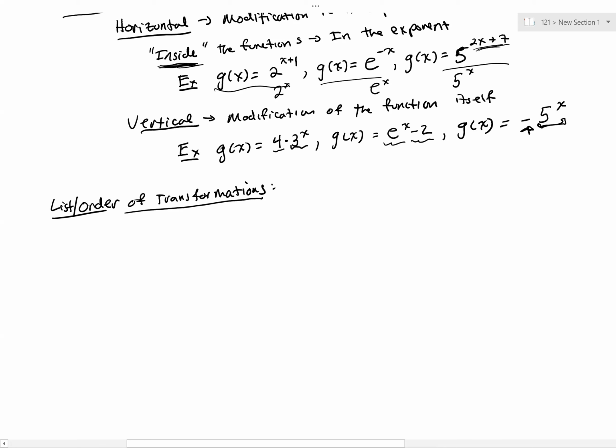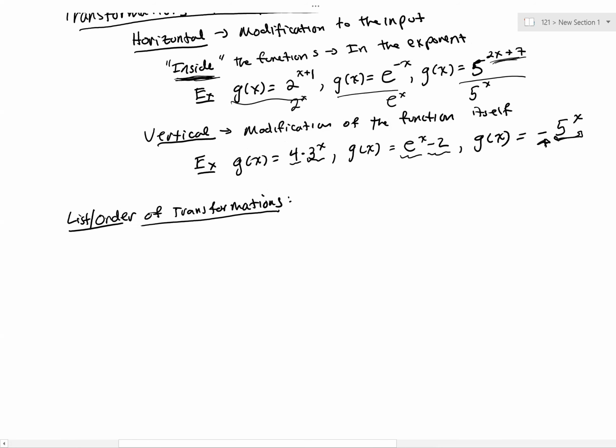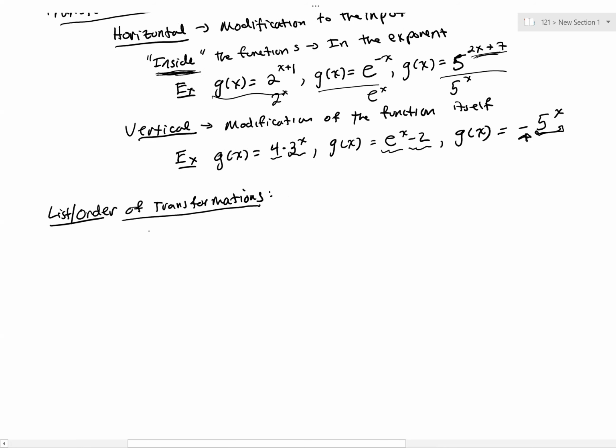It's just now that we're dealing with a different function, things may look a little bit different. Remember the first transformation we always did? Always first. Okay, that is a horizontal shift. So let's look at the horizontal shift.